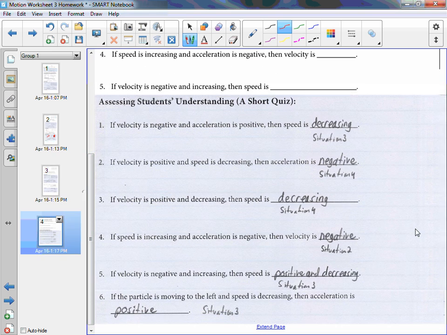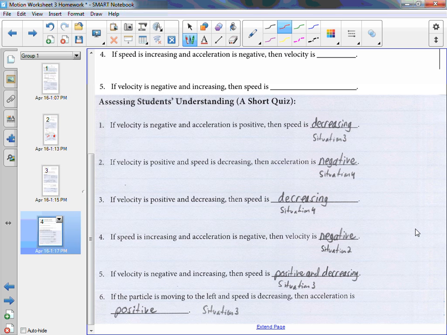If velocity is negative and acceleration is positive, then according to situation 3, the speed is decreasing. If the velocity is positive and speed is decreasing, then according to situation 4, the acceleration is negative. If velocity is positive and decreasing, then the speed is, according to situation 4, decreasing.